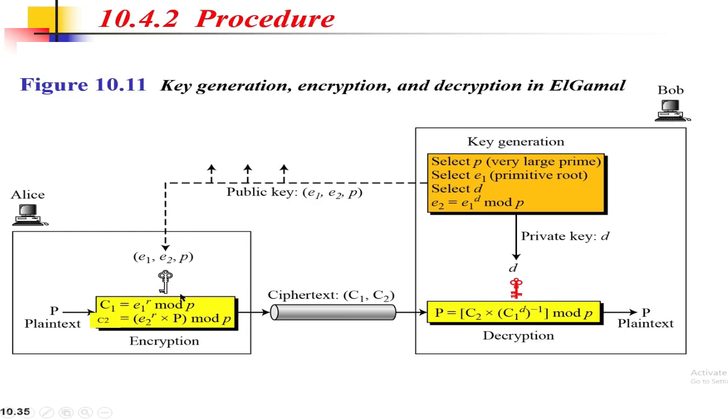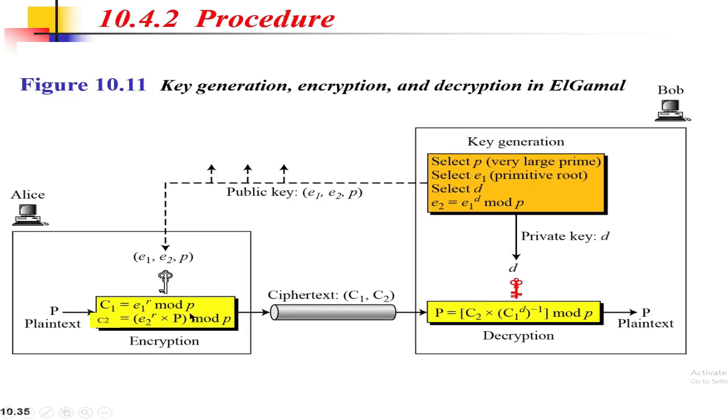Now Alice, by using that public key, encrypts the message: C1 equals E1 to the power R mod P, where R is a random integer, and C2 equals E2 to the power R times P mod P. Here capital P is the plain text and small p is the prime number.